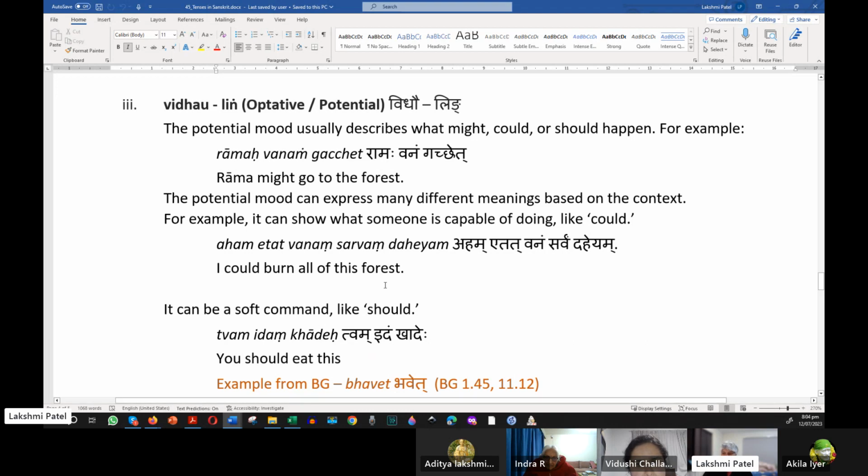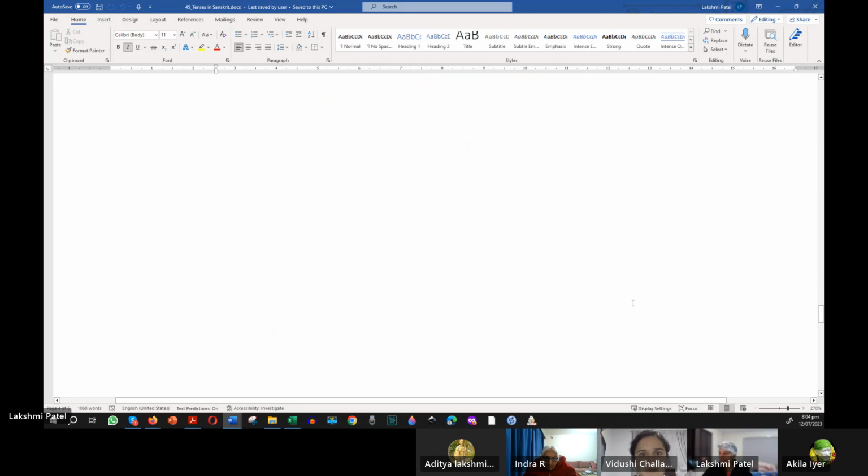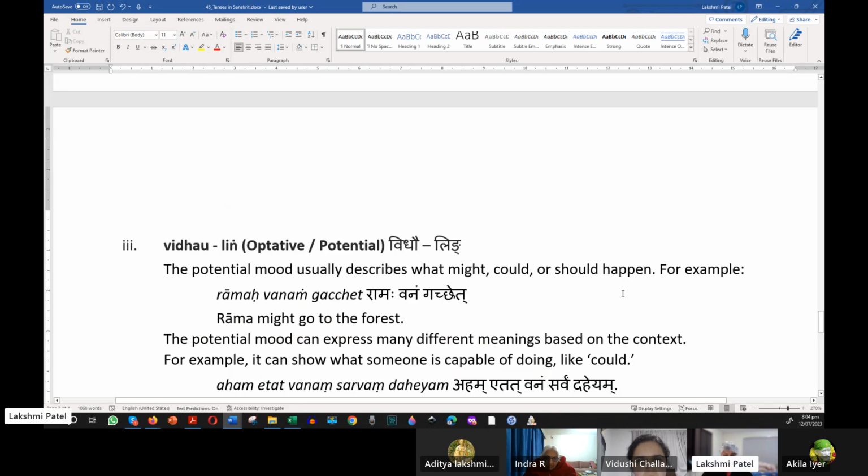So in Bhagavad Gita, the word is bhavet. Bhavet means it might happen or it should happen. This is how it should be. Bhavet. So these are your 10 tenses in Sanskrit.